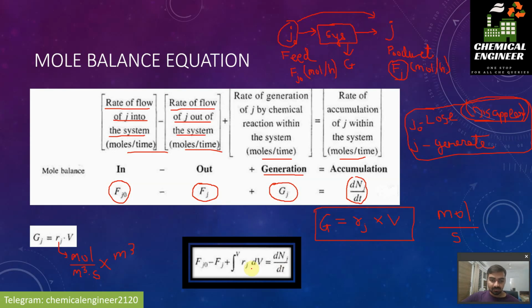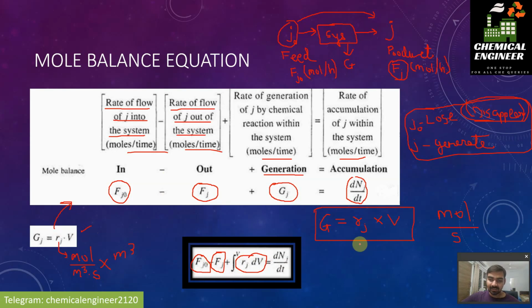Now this thing we will put in this equation. So what will we get? F of J naught minus F of J plus R into change in volume.